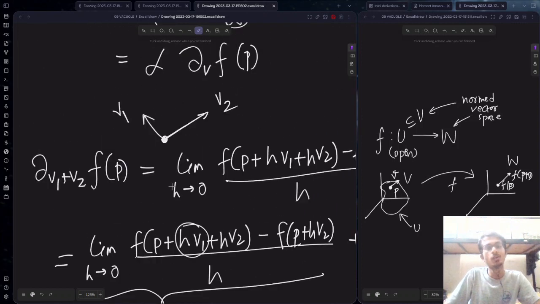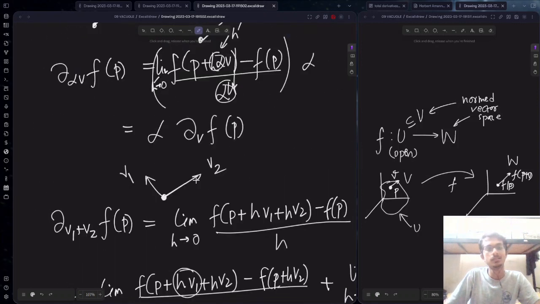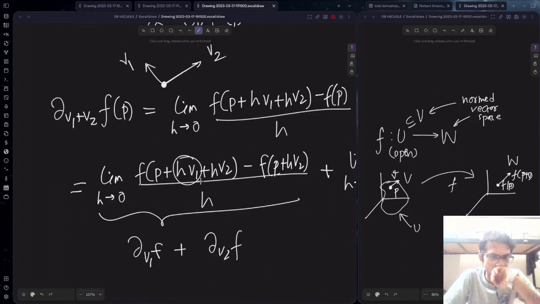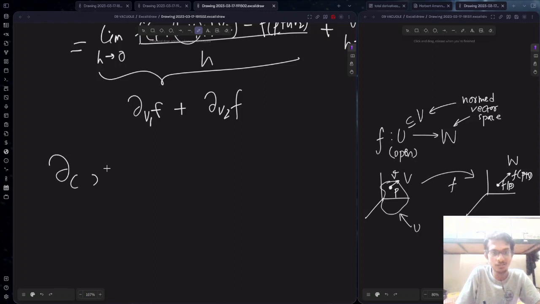So not only does the scalar multiple come out, v1 plus v2 splits apart. So it is linear in this slot. The direction matters only linearly. So this slot is linear for every point p.